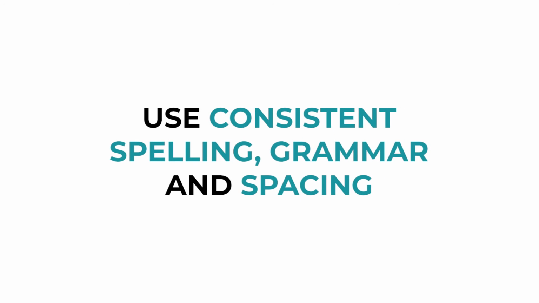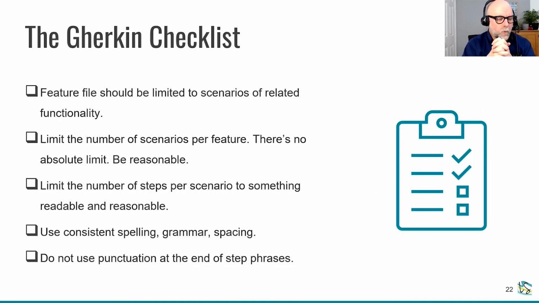Next, use consistent spelling, grammar, and spacing. This will, of course, lend a lot to the reusability. If you have differences, even minor ones in spelling of certain words here or there, certain changes to your grammar, that's going to have little differences that will make it so that more scenario steps will be there, which would lead to more step definitions that will come out in your Cucumber code.